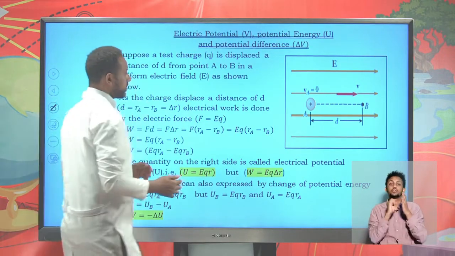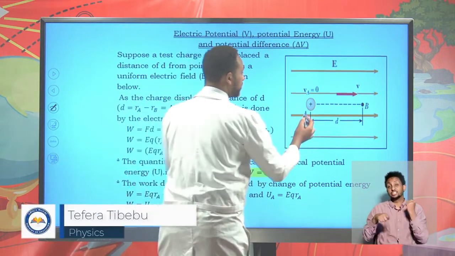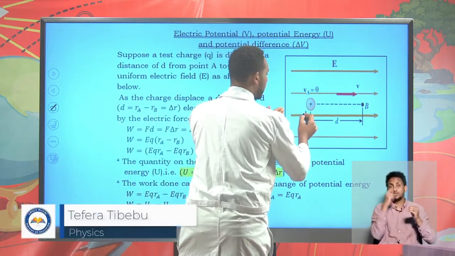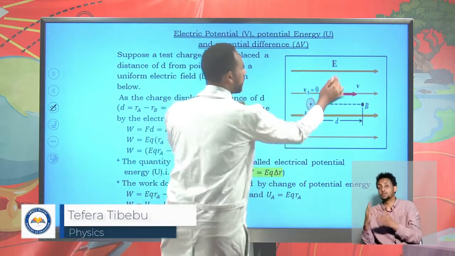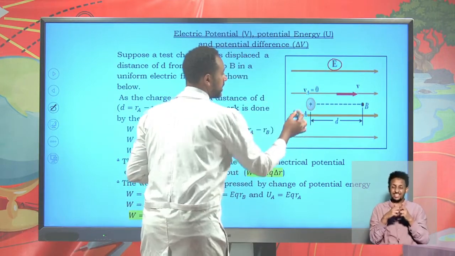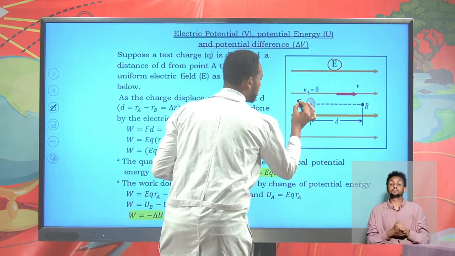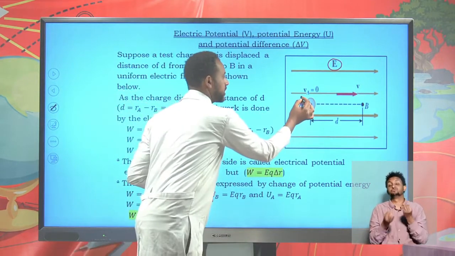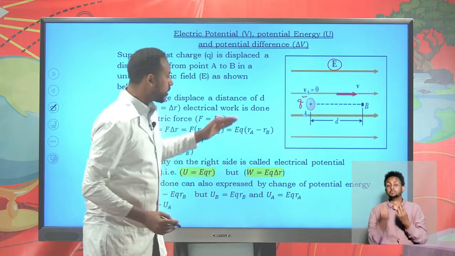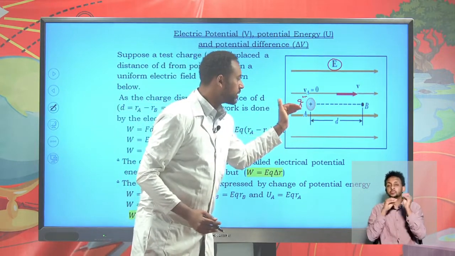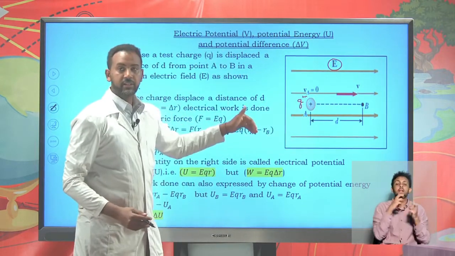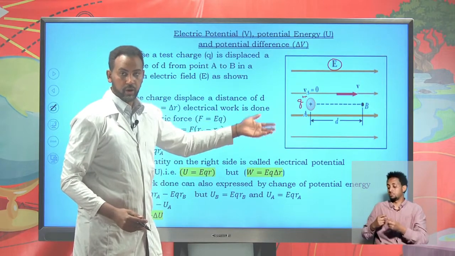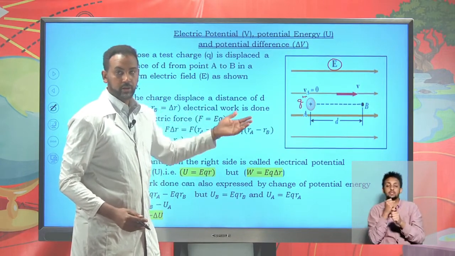For example, if you have a charge moving from point A to point B in a uniform electric field E, and here you have Q, the amount of the charge, and the charge has its own mass M. As this charged body moves from point A to point B, the electric field is going to perform work, and this work is known as electric work.